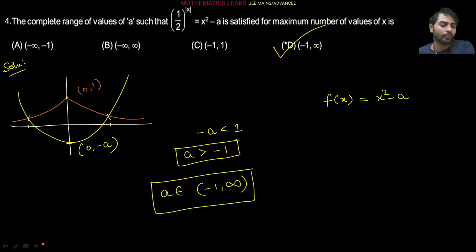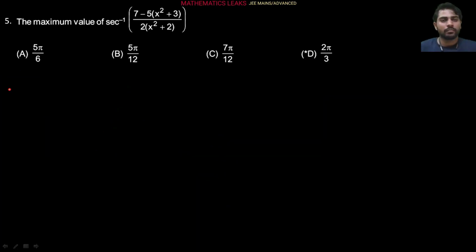Next question is: the maximum value of secant inverse of (7 minus 5 times x square plus 3 upon 2 times x square plus 2) is. So let's solve it. So this secant inverse of this given quantity, I am just going to simplify.